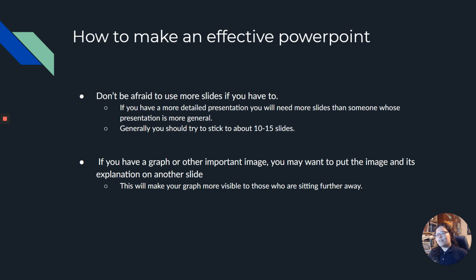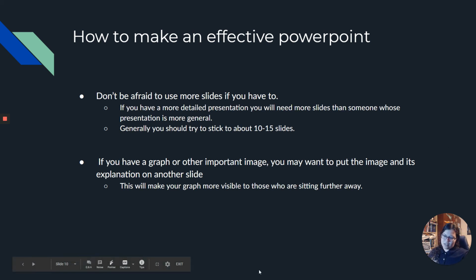If you have a graph or other important image that you want your viewer to look at or you're going to be talking about for a while, you may want to put its image and its explanation on another slide. This will make your graph more visible to those who are sitting further away, for example in the back, where they might not be able to see a very tiny image.